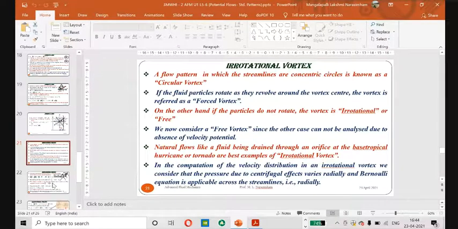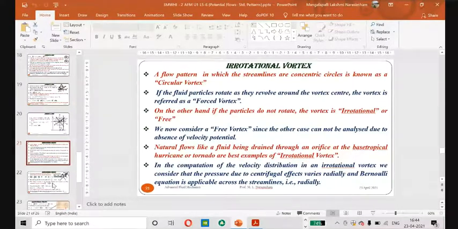Now you come to the next type of vortex, that is the forced vortex. Take a jug or tumbler, pour either water or milk or coffee or any juice, and then with the help of a spoon, you just churn it and remove the spoon.